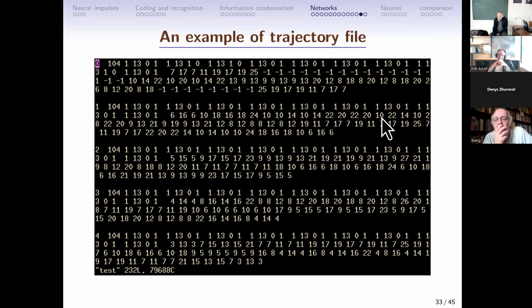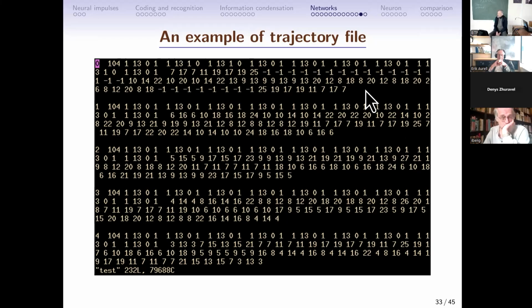In order to figure out what could be the physical reason for merging the trajectories, we have dumped all trajectories into separate files. Here you see one file of a trajectory. Here we have the whole state of our network shown at 5 consecutive moments of time.